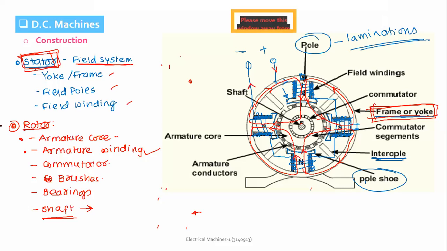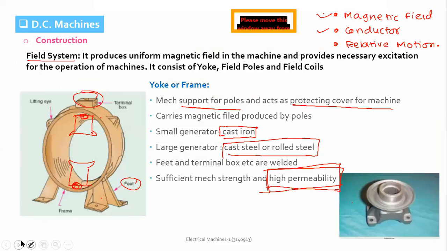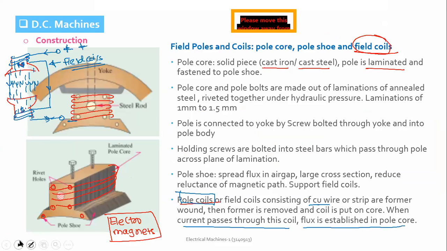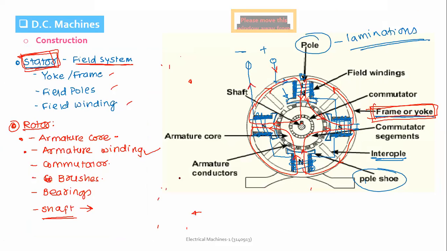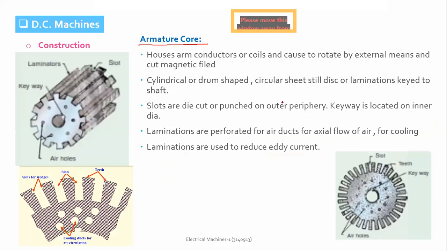Second comes the rotor. Now let us move to the rotor part, the part which will rotate. So on the rotor, one of the important parts is the armature core. Now, as the magnetic field is stationary, here you can see the magnetic field is stationary because current through the coil will never reverse. So these poles will remain as they are. We need to rotate the conductor.